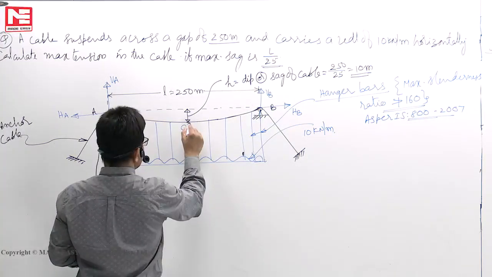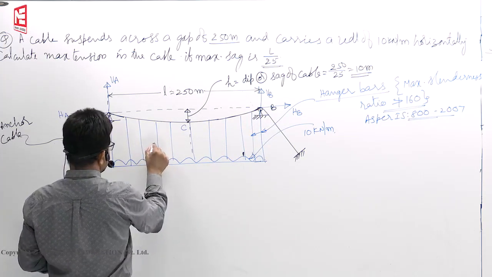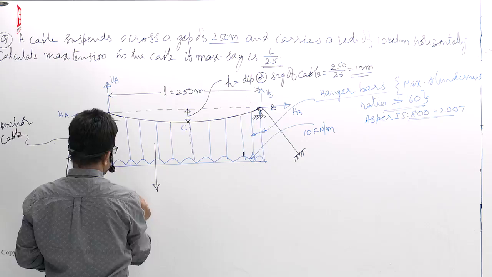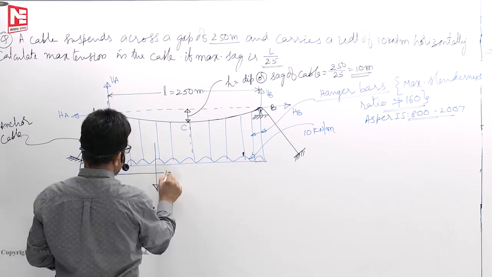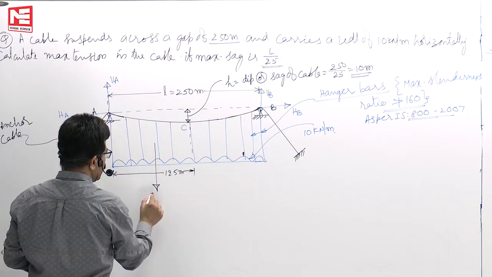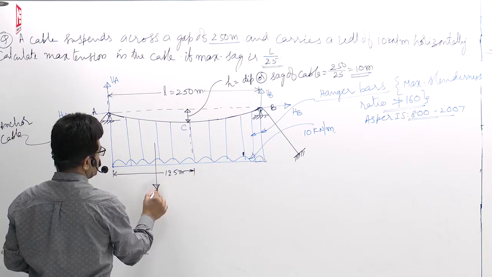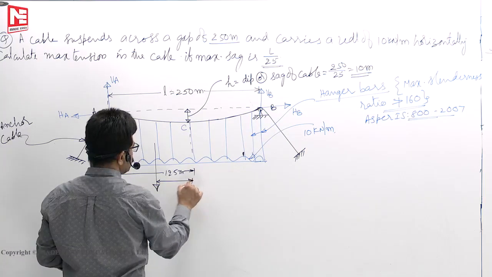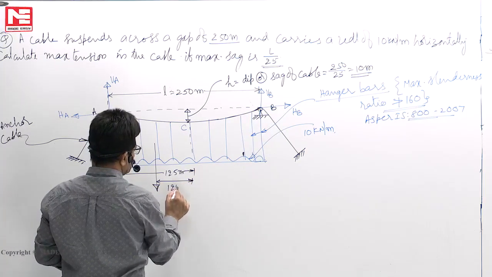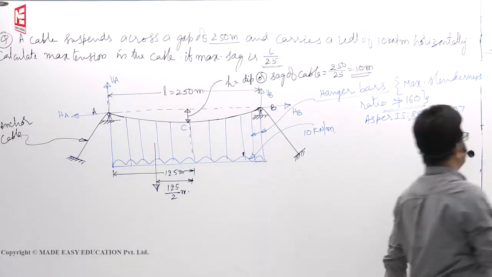Okay. So at this point, the length is 125 meters. The load from here to here is only 125 meters up to C. Then this will act at 62.5. This load from here to here is 125 by 2 meters. So 3 forces we have to take.